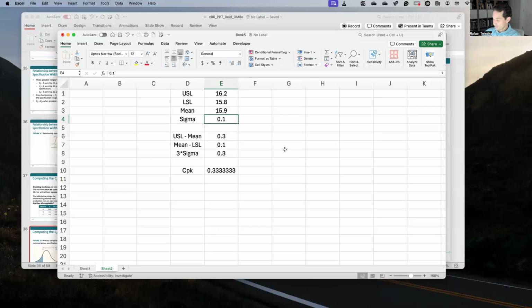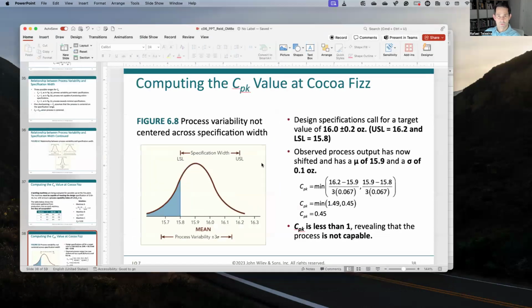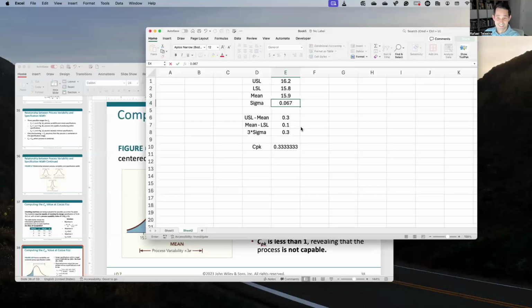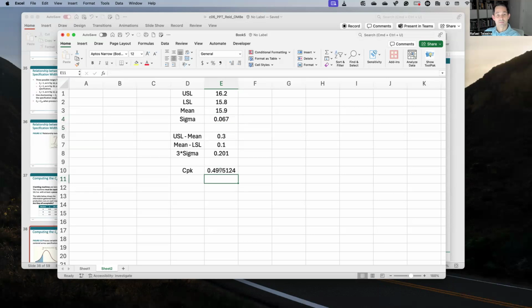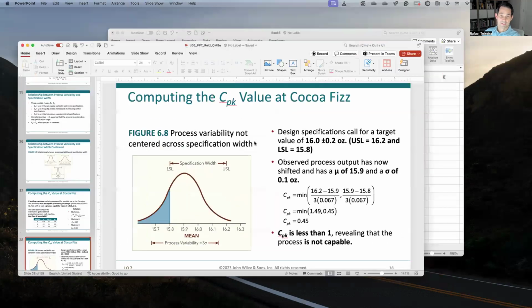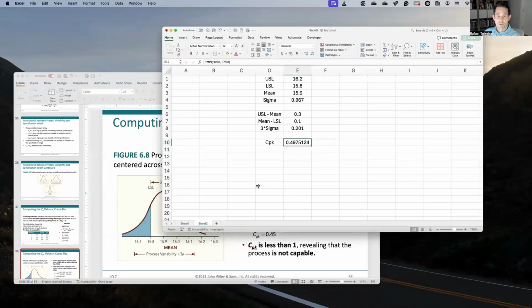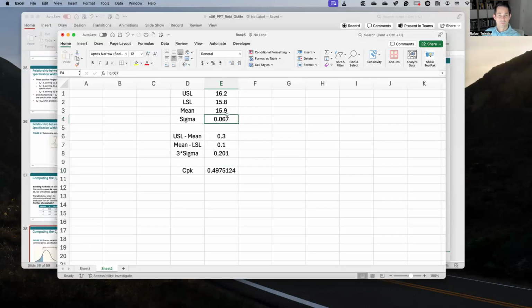If I change this just to make it equal to the slides, if it is 0.067, then I'm going to get the same number we have on the slides, which is 0.4945 here. There is some difference, probably because of the decimals. If I use 0.66667, it would be close to 0.5. But anyhow, that's how we compute the CPK. Okay, and that's it.